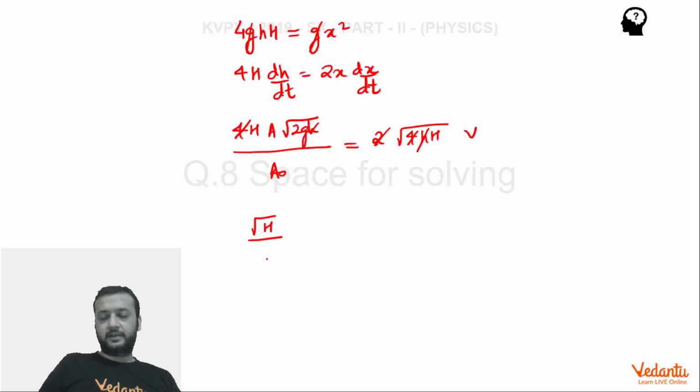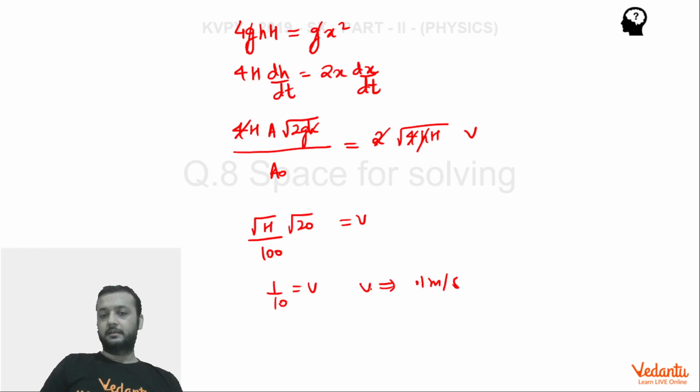A by A naught is 100, yes. So this will become 100 and root 2 g is root 20. This is the speed. The value of H was 5, so this becomes root of 100 upon 100, that means 1 by 10.